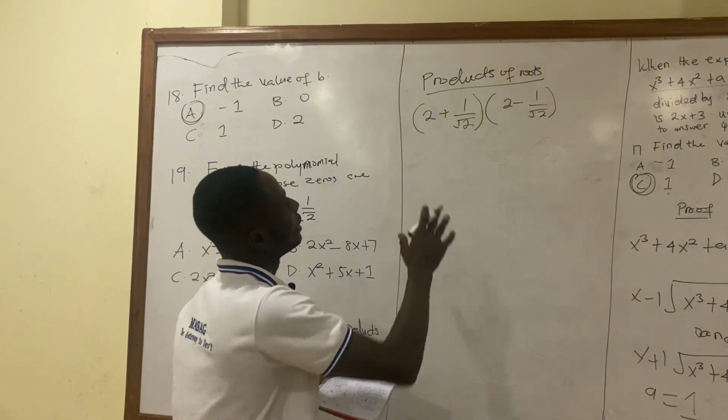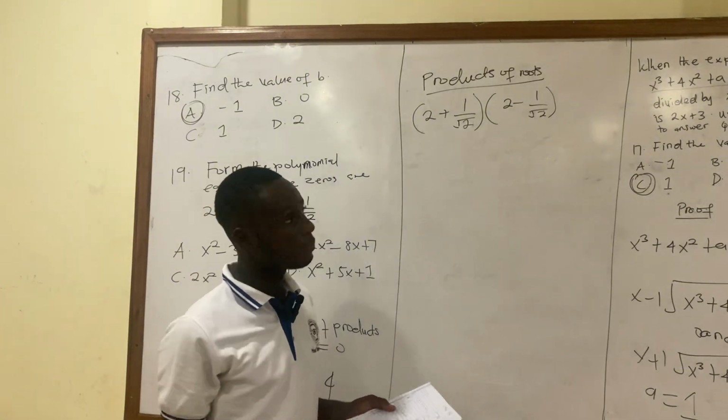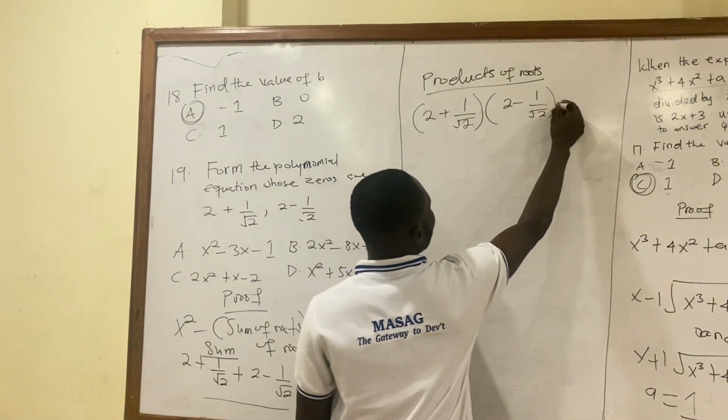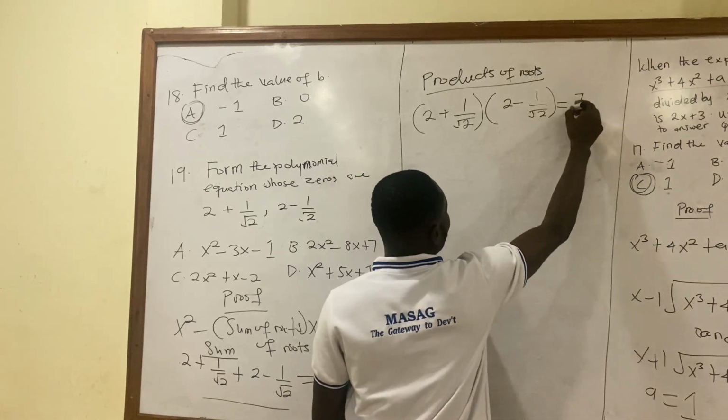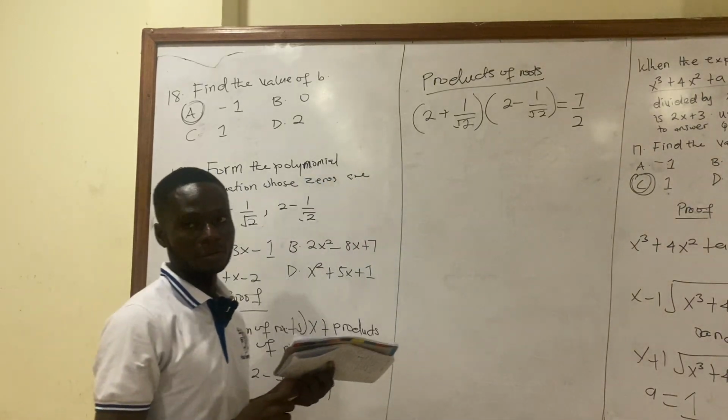So this, multiply this very well, you have 7 over 2, right?